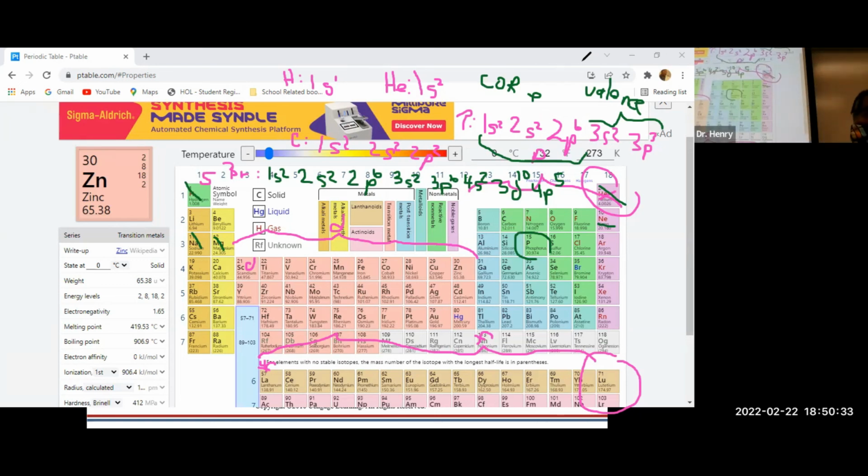So because of that, in terms of electron configuration, we often write it as P, that noble gas in brackets, and then the valence electrons.